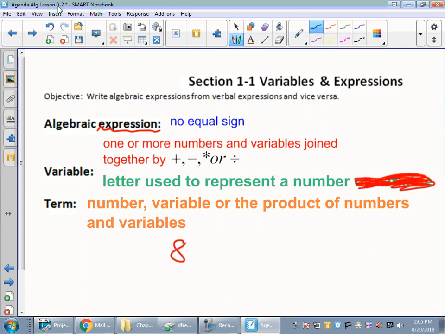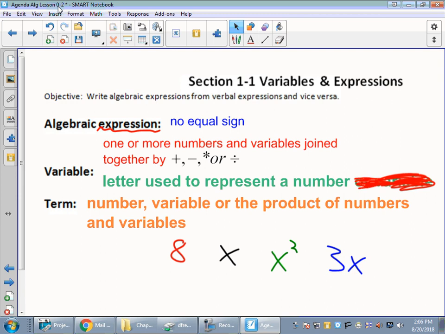So maybe X, or maybe X squared would be a term. And you could also use a product of those, which would also be a term. So maybe the term 3x. Now you're multiplying a number and a variable. So all of those could be considered a term.